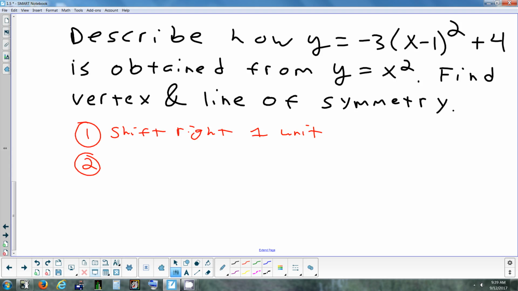Now we go outside the parentheses and we deal with what's immediately next to the parentheses, which is a 3. The negative is something else. What's the 3 going to do? How about Caleb? What's the 3 going to do?